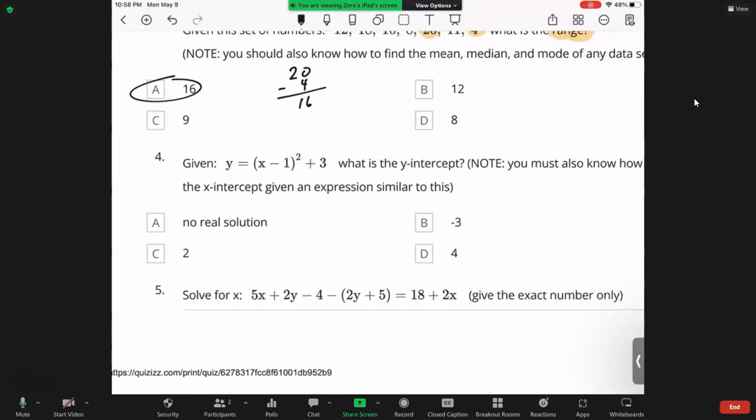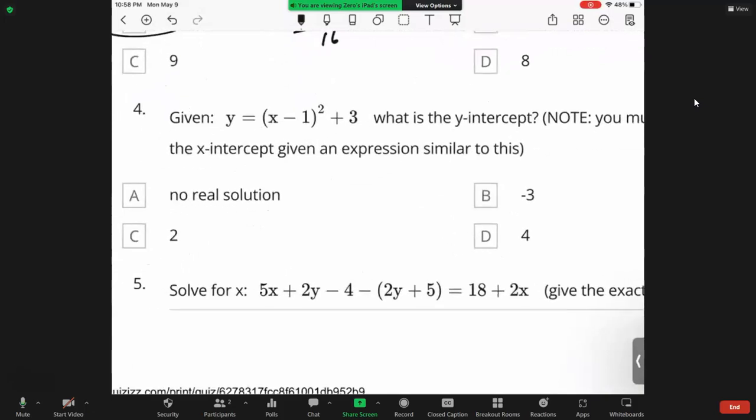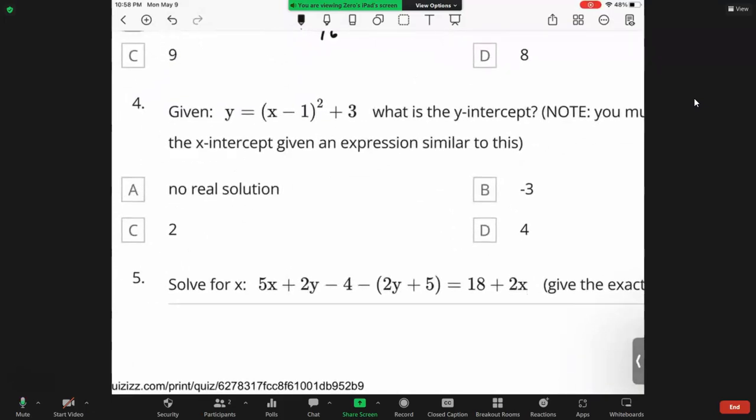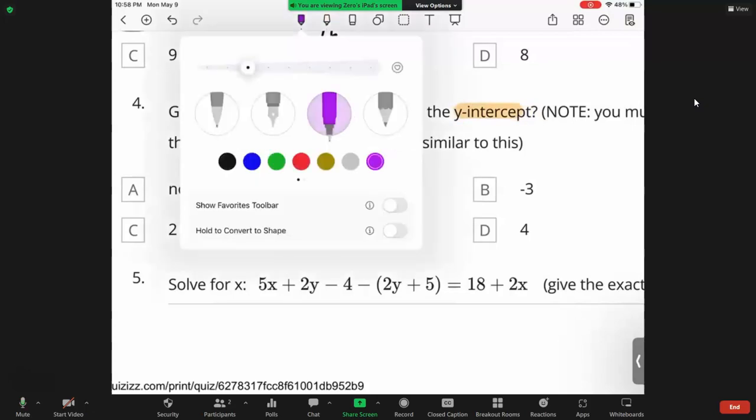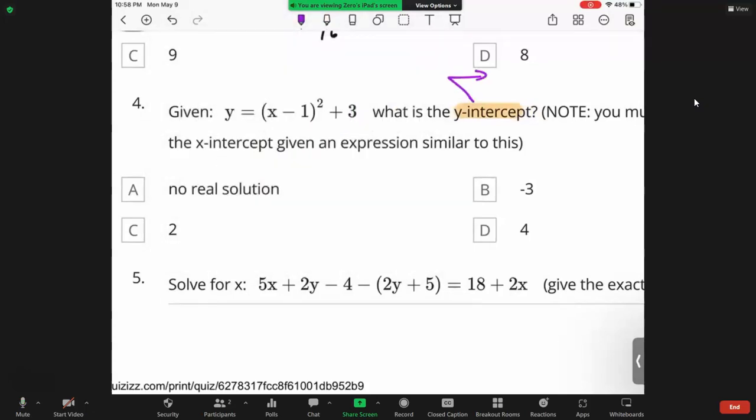Number 4. Given y equals (x minus 1) squared plus 3, what is the y-intercept? In the y-intercept, x equals 0. So everywhere you see x, put 0.